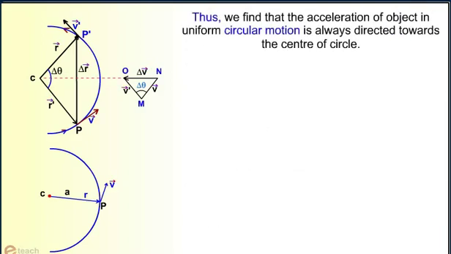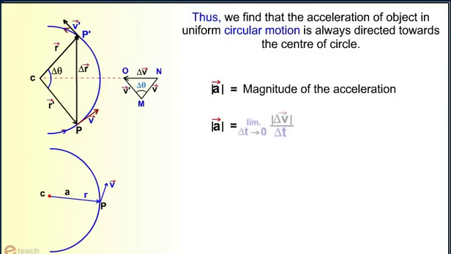Thus, we find that acceleration of the object in uniform circular motion is always directed towards the center of the circle. So, modulus of a equals the magnitude of the acceleration, which is the limit as delta t tends to 0 of modulus of delta v divided by delta t.